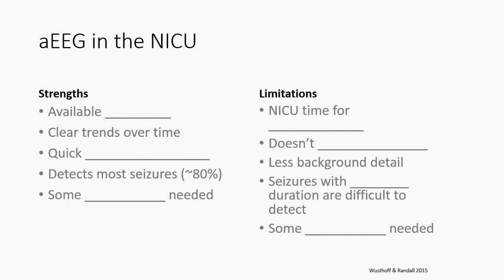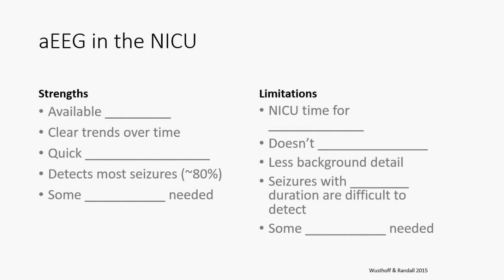It is quick to apply, meaning we don't have to wait for an EEG tech to come. It detects most of the seizures, around 80%, whereas when we look for electrographic seizures using our own clinical skills, it's only about 10% of the time. And it just requires some training.